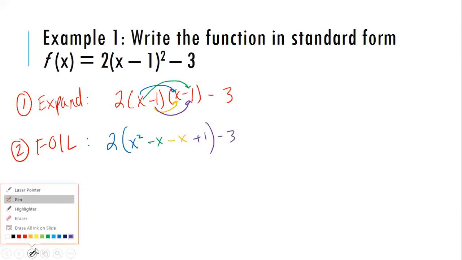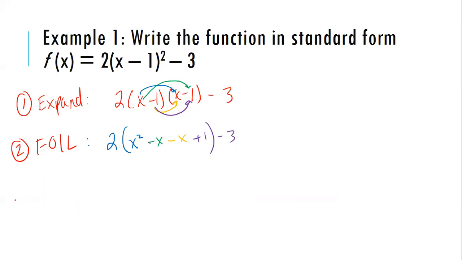So we've completely FOILed. Step 3 is do everything you need to do to combine like terms. So in order to combine like terms, I'm going to have to distribute the 2, or I can combine first, and then distribute, however you want to do it. I distribute, then combine.